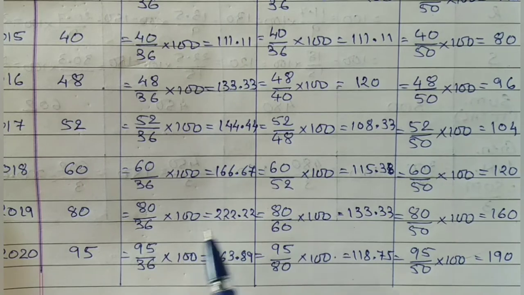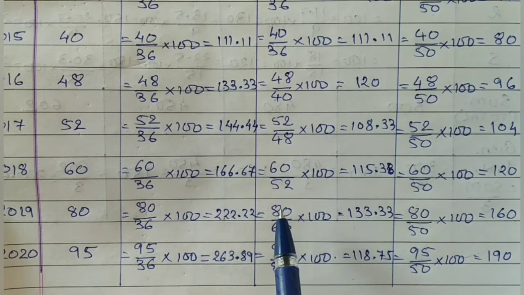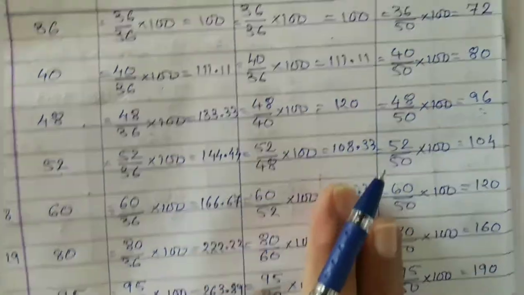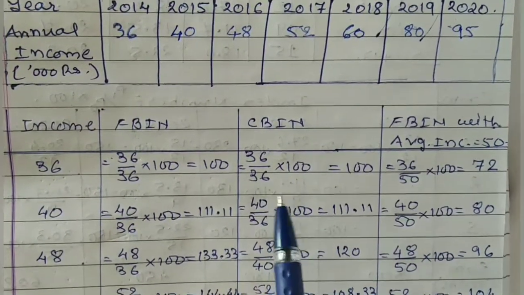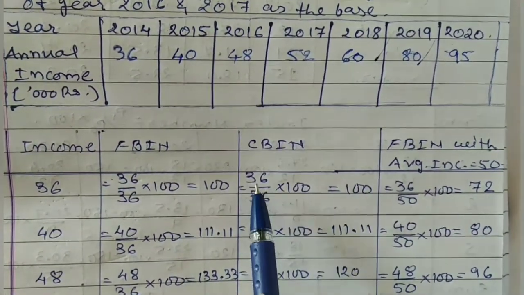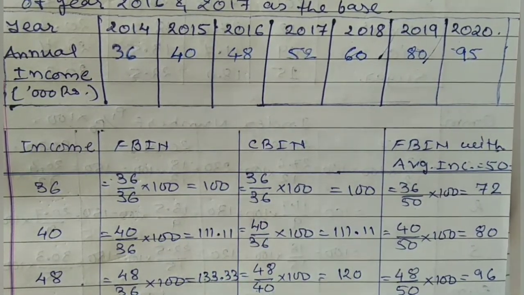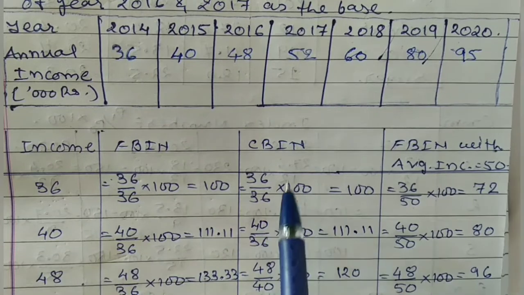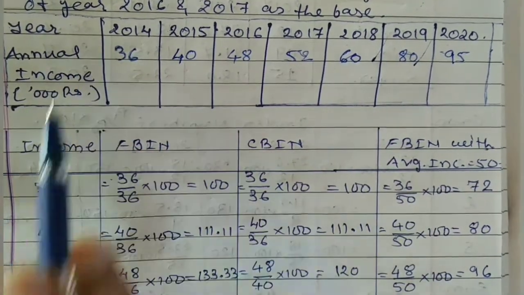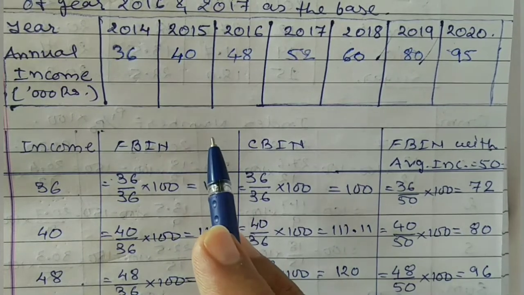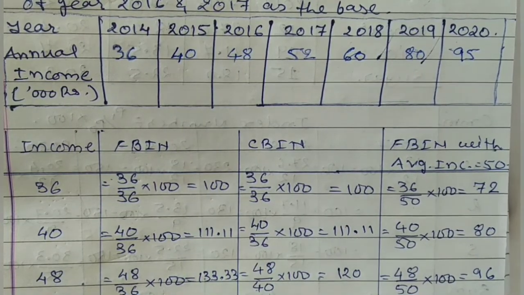Now, they have also asked to find the chain base index number. It is important to understand what it means. The formula is price of current year upon price of previous year into 100. We have not been provided any information for 2013, so we assume the previous year's price is the same as the current year's price.